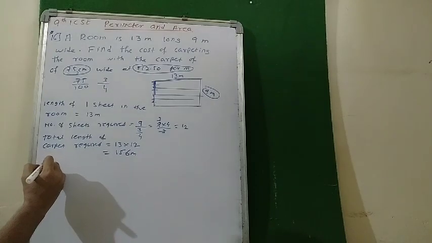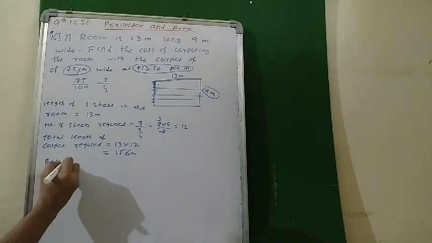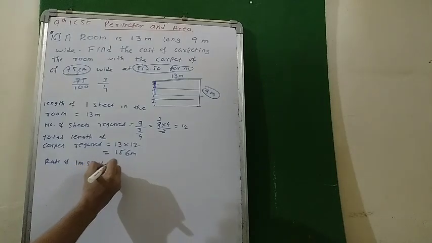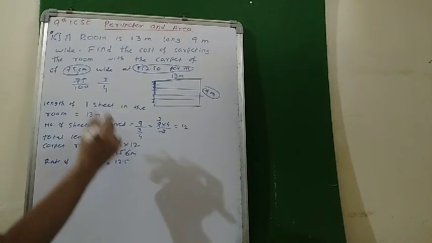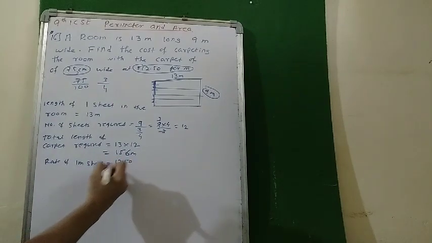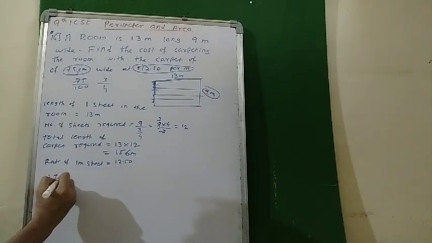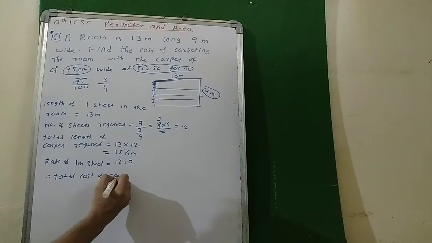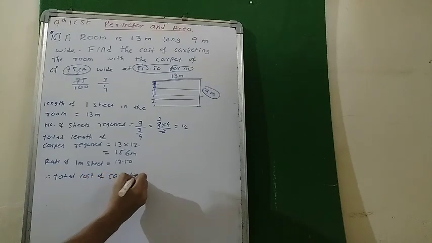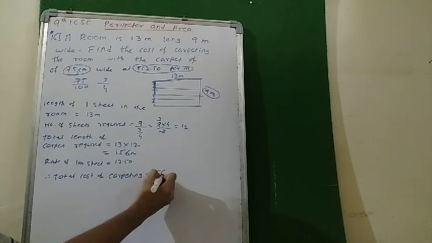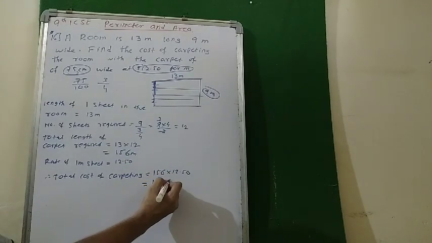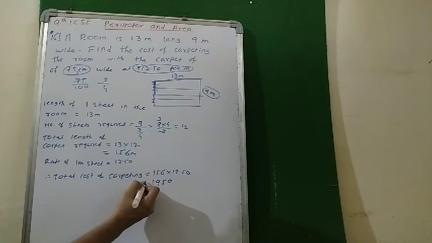And rate of 1 meter sheet is equal to 12.50. Okay, therefore total cost of carpeting is 156 into 12.5, that is 1950 rupees.